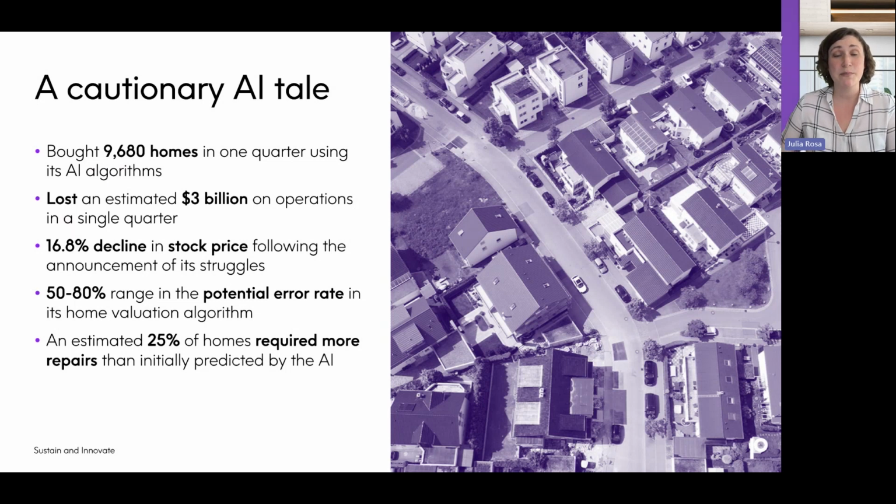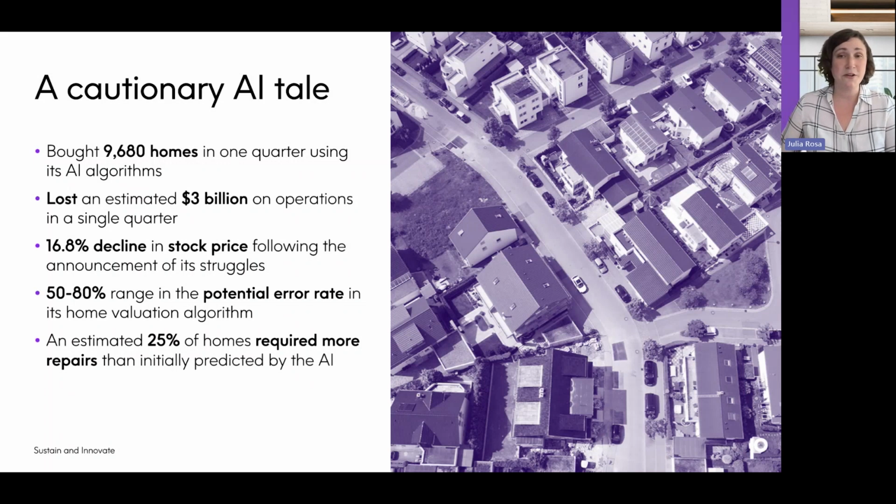When they actually purchased these homes and went in to renovate them and resell, they ended up with a loss of an estimated $3 billion in operations, because the AI model didn't know and didn't incorporate data on the amount of repairs that would need to be done, the quality of those homes, the quality of the market, and a number of different factors that it simply wasn't educated or enabled to use in making these decisions.